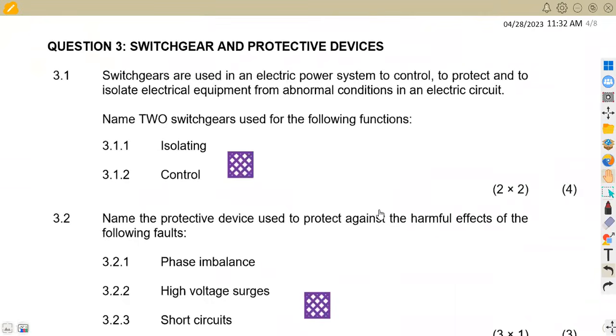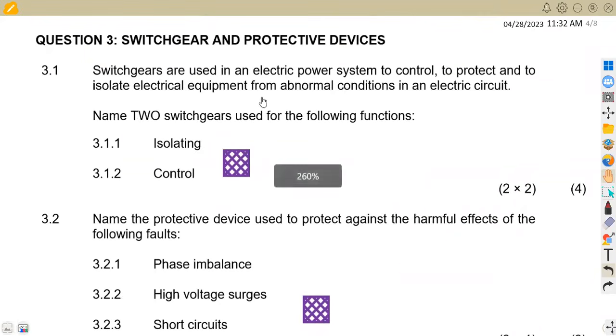On question 3, which is on switchgear and protective devices, we are given on 3.1, switchgears are used in an electric power system to control, to protect, and to isolate electrical equipment from abnormal conditions in an electric circuit. Name 2 switchgears used for the following functions.